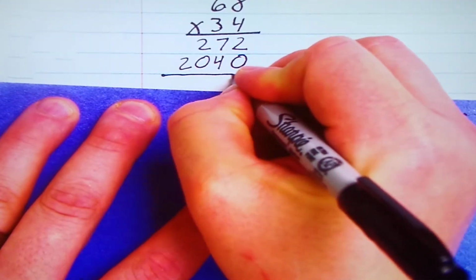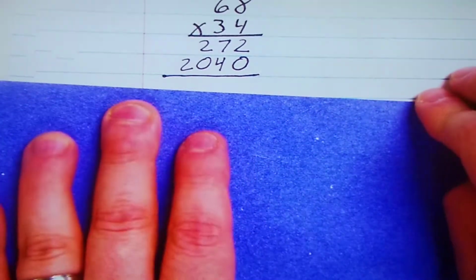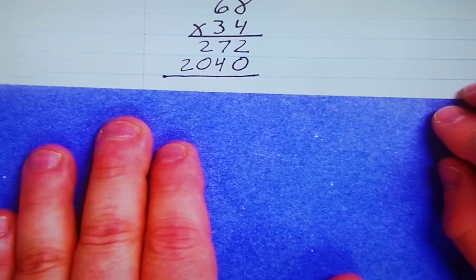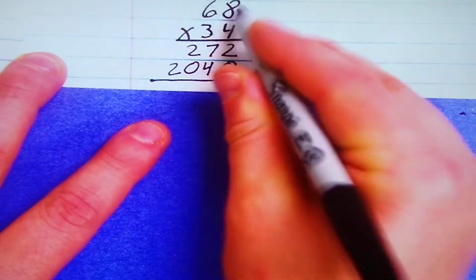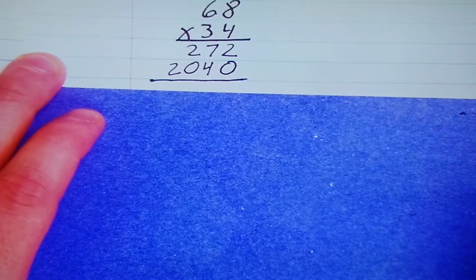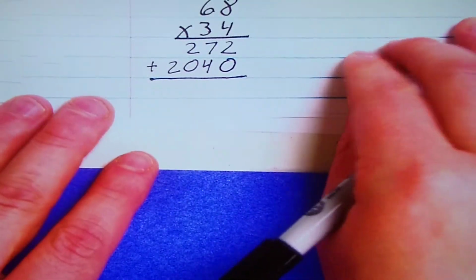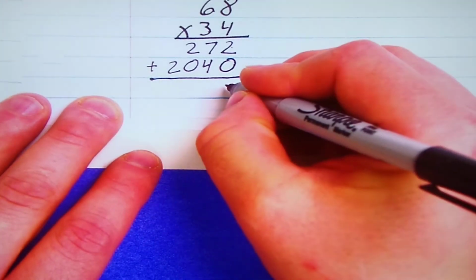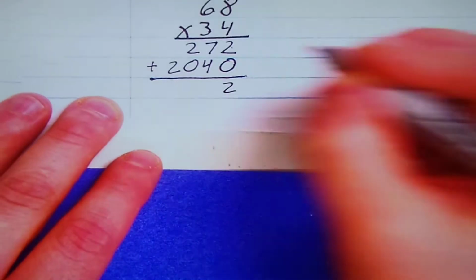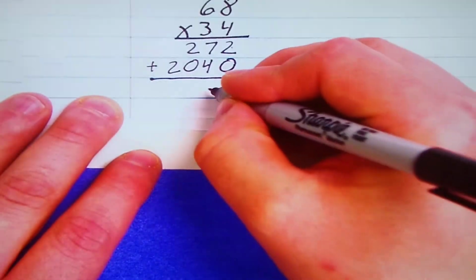So your second row should be 2040, 2040. Now, if you don't have that, that means you made a mistake somewhere in your multiplication. Now all we do is add the numbers together. 2 plus 0 equals 2. 7 plus 4 equals 11.